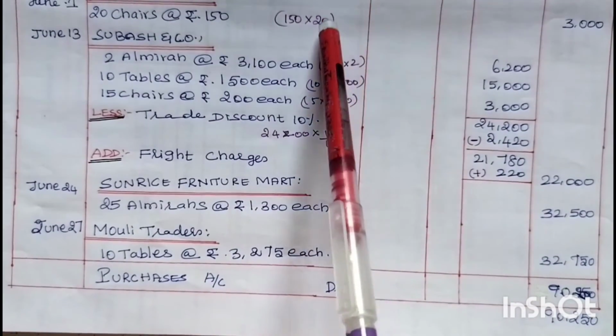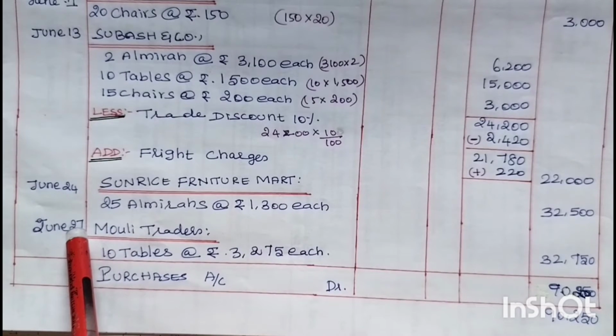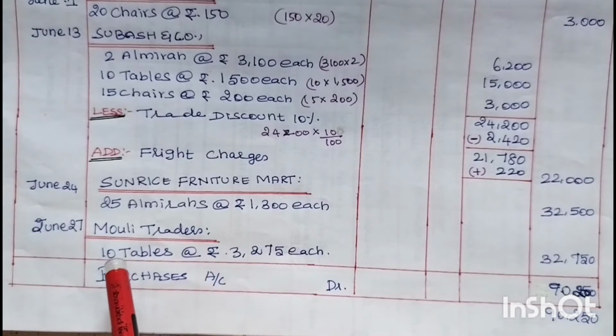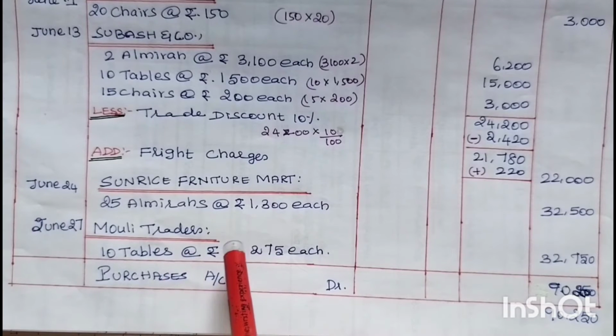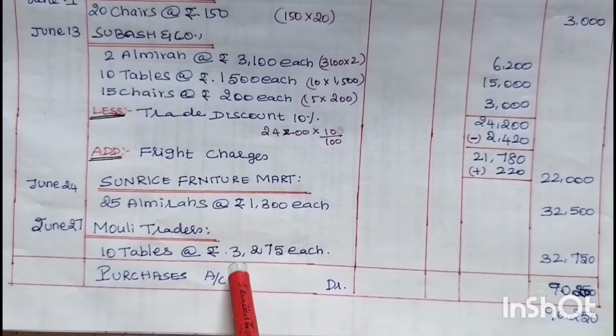So we take the purchases book dated June 27. The supplier name is Mauli Traders. What items did we purchase from him? 10 tables at rupees 3,275 each, right? So each table is rupees 3,275.